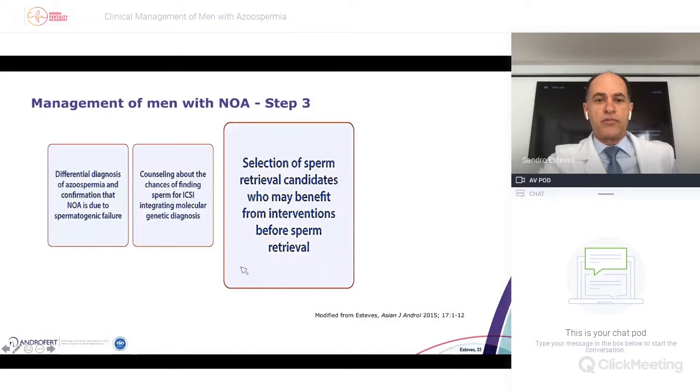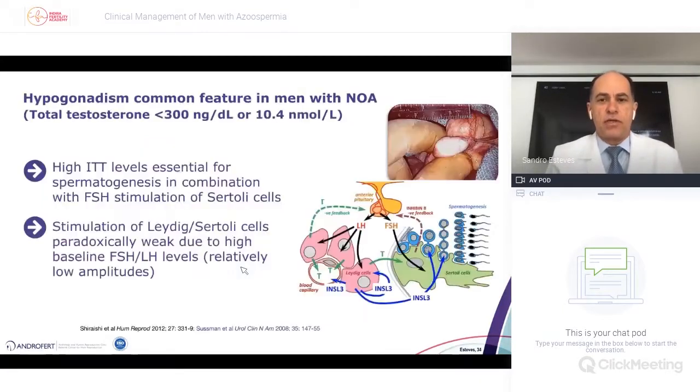So after counseling about the chance of finding sperm for ICSI with Y chromosome microdeletion screening, we need to select sperm retrieval candidates who might benefit from interventions. As I said before, patients with non-obstructive azoospermia due to spermatogenic failure usually have hypogonadism.